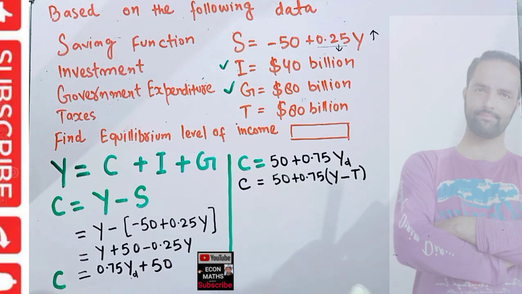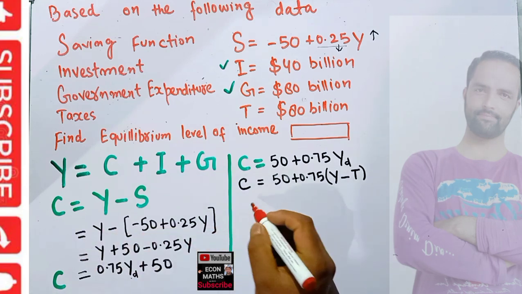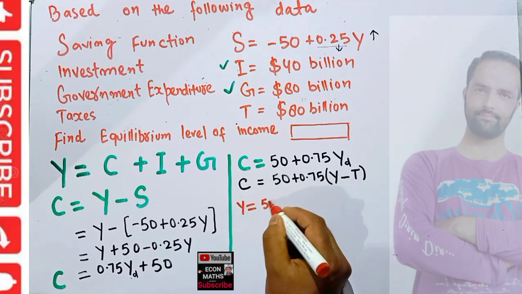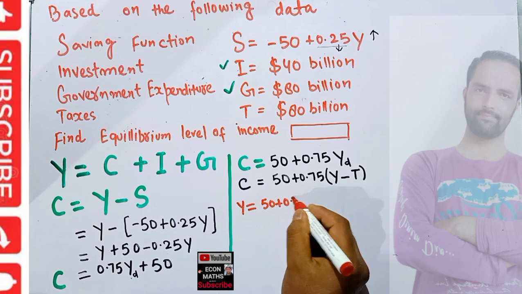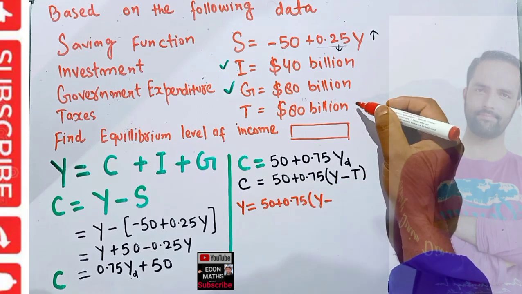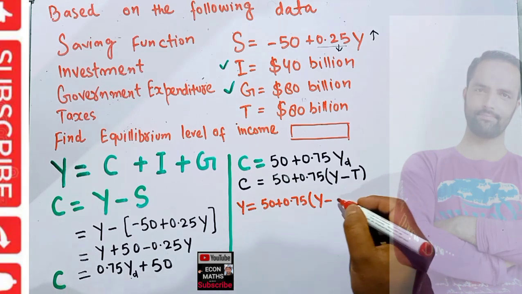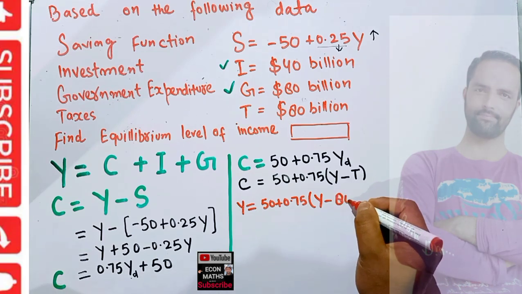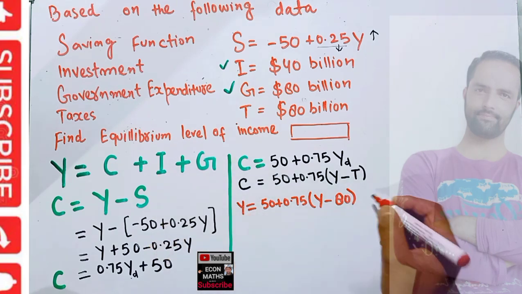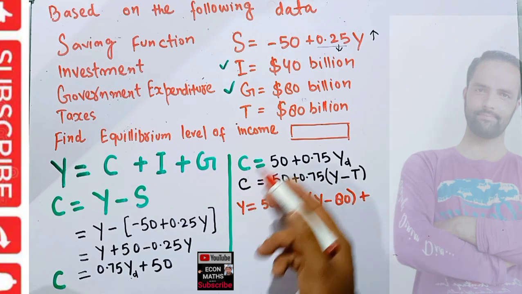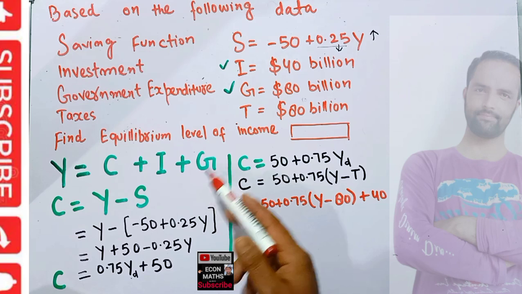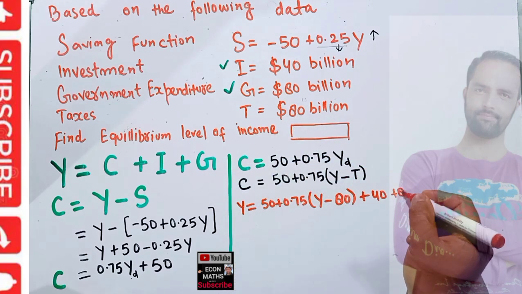Okay, so we have our income is equal to, now this is our consumption expenditure, that is 50 plus 0.75. Now y minus what is our tax? Tax is being given to us as 80, then we have the investment here, which is being given as $40 billion, plus we are being given the government expenditure, which is $80 billion.